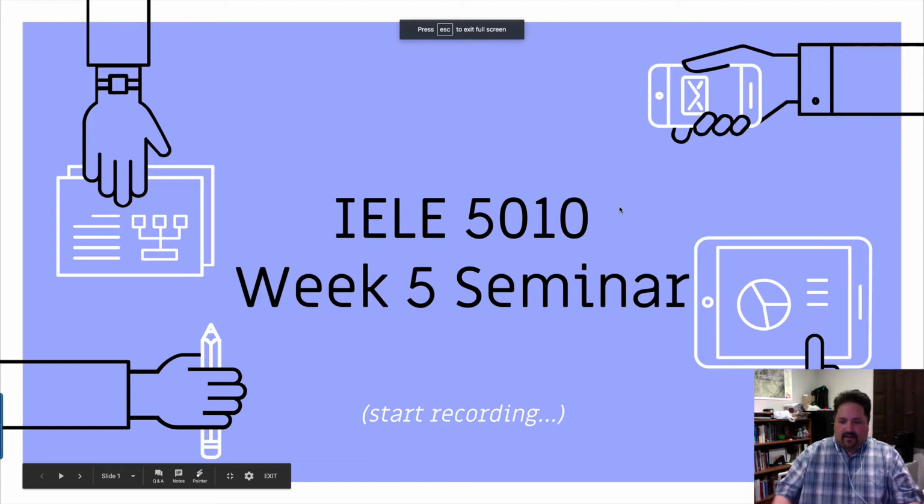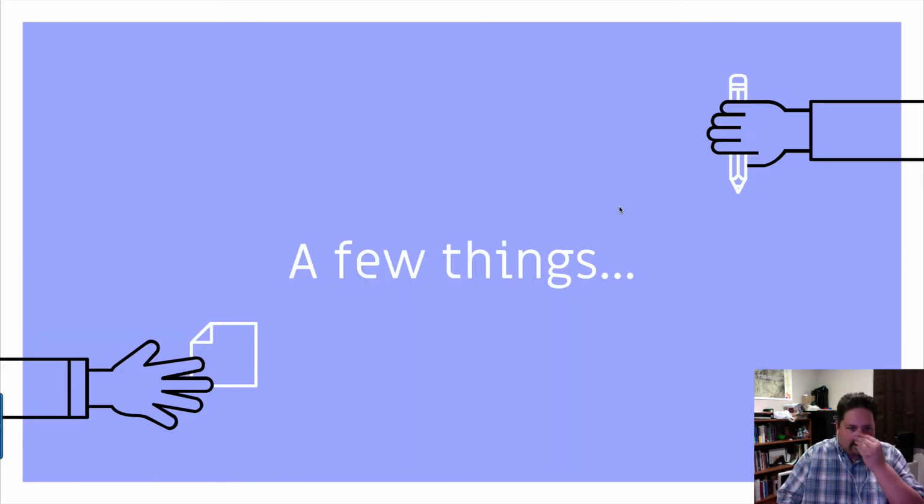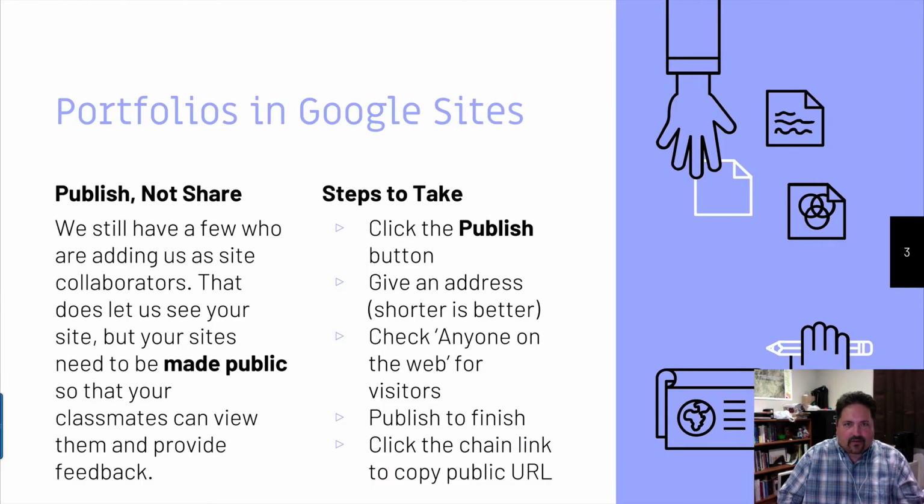All right, so week 5, we are here. A few things Brandon and I talked about that we need to cover with you. There's still a few of you turning in your portfolios from week 2, and that's fine. But we're still getting some of you who are just sharing the site with us, adding Brandon and I as a collaborator.